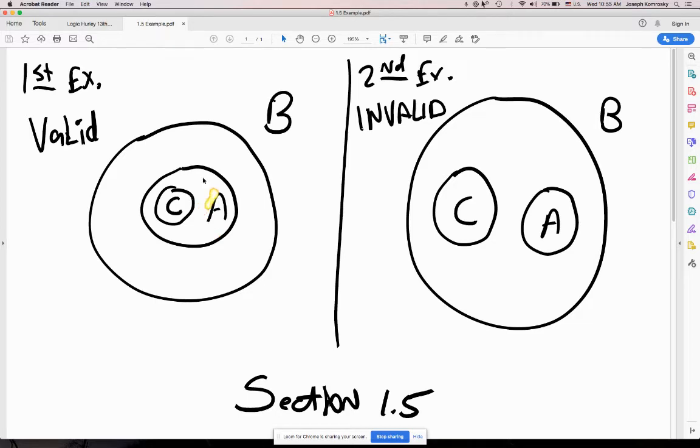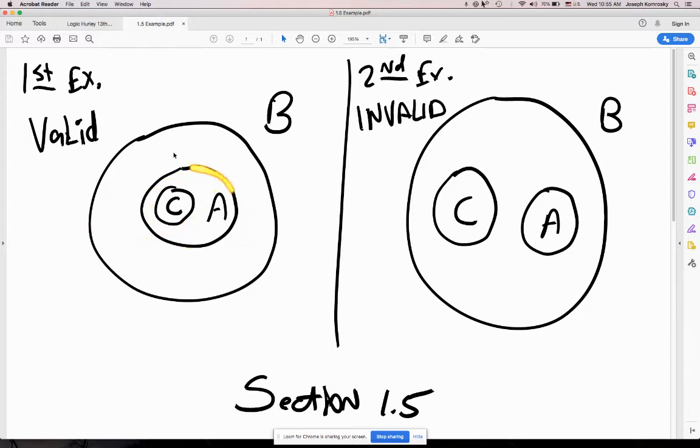So premise one, if all A are inside B, and if all C are inside A, then all C are inside B. We can see that just by looking at these circles, and it looks pretty easy to see that. And if you didn't see it right away, look at this a couple times, and it'll be obvious.